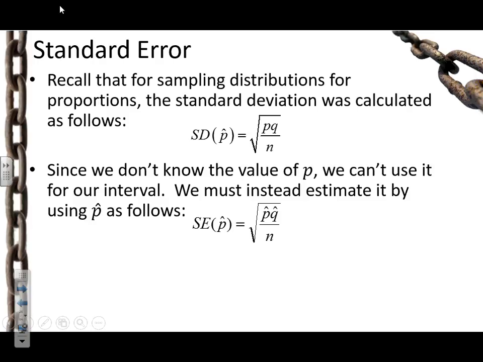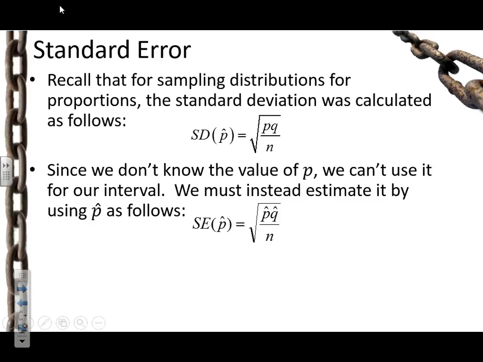So when we calculate standard error for a confidence interval, we take the sample proportion times its complement, divided by the sample size, and then take the square root of all that. So it looks very similar, but the differences in notation are extremely important.